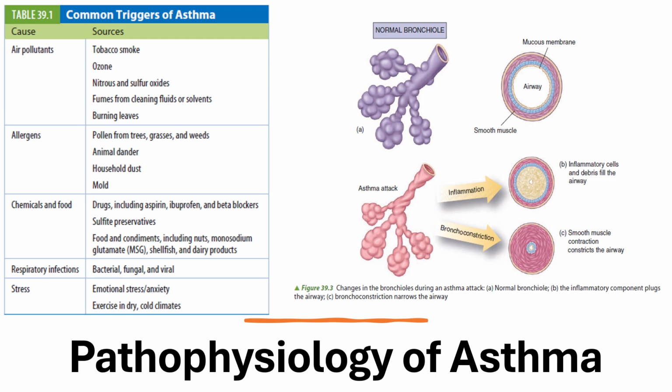Now, we have categories of asthma drugs. We have two simple classes. Number one, you have your quick relief medications. These are short and intermediate acting beta-2 adrenergic agonists, anticholinergics, and systemic corticosteroids.